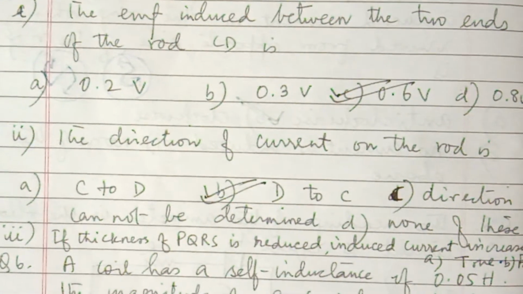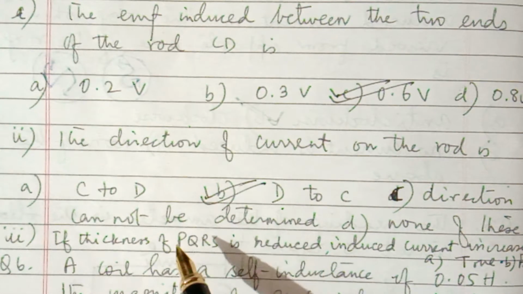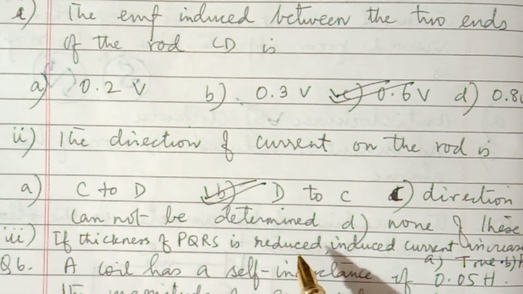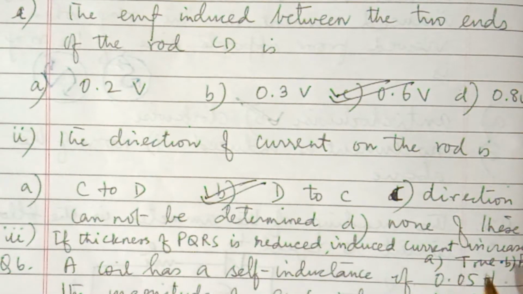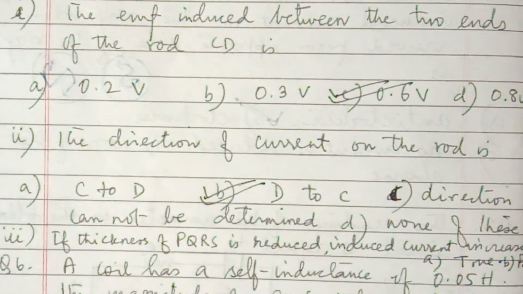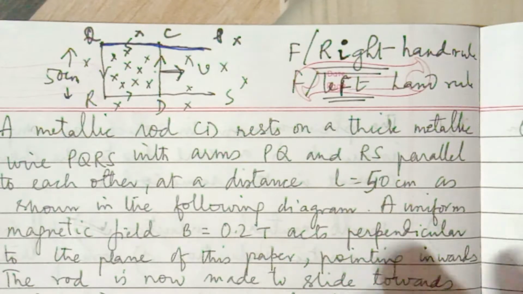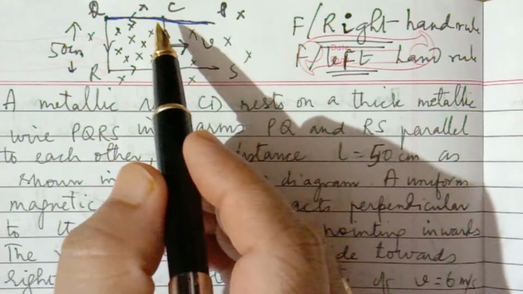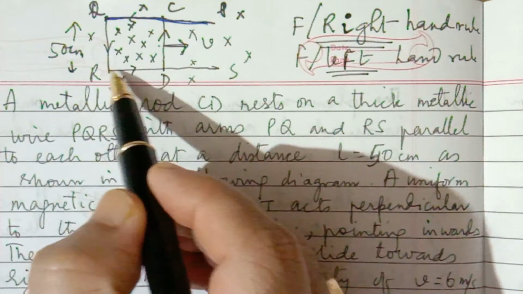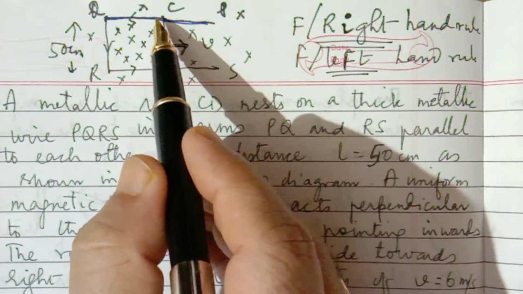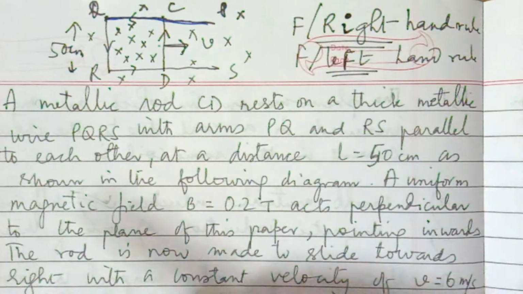Next is: if the thickness of PQRS is reduced, then induced EMF increases, induced current increases. True or false? This is a good conductor, so current will flow here. If you reduce the thickness, we are increasing the resistance.